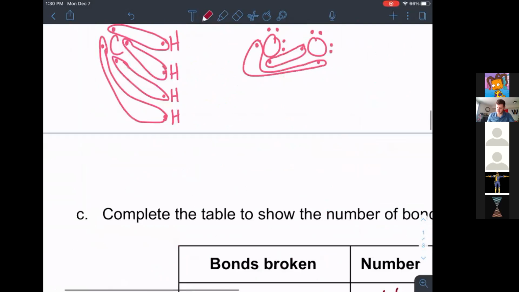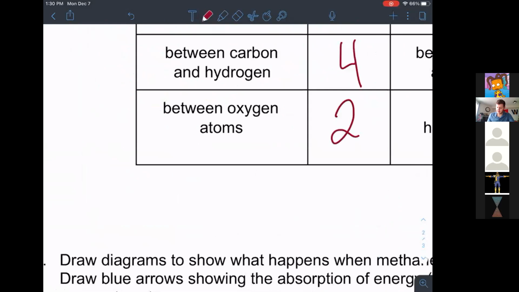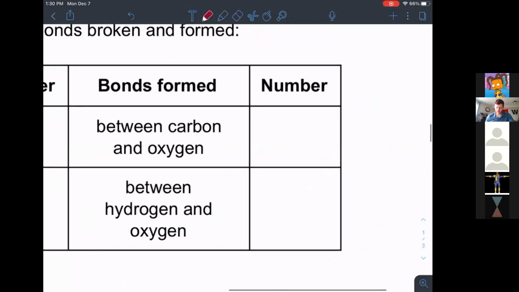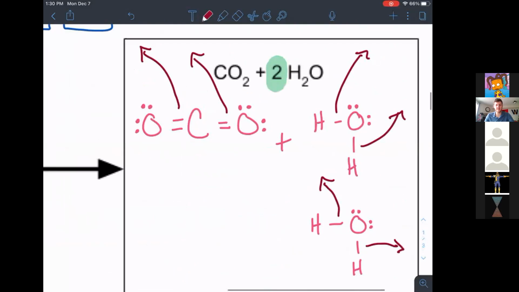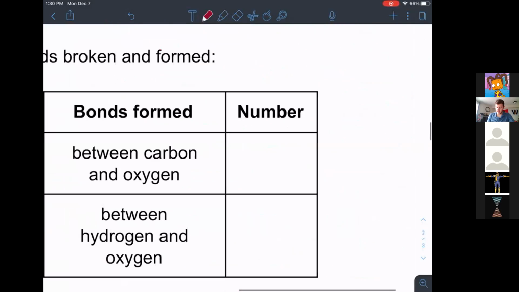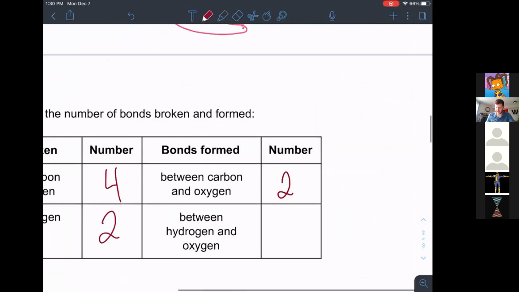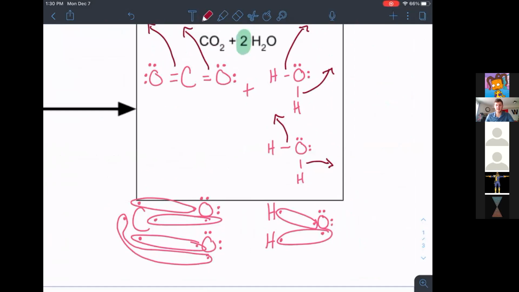We broke 2 bonds between our oxygens. How many bonds did we form between our carbon and oxygen? 2. We formed 2. And how many bonds did we form between our hydrogen and oxygen? Careful for this one. 4.